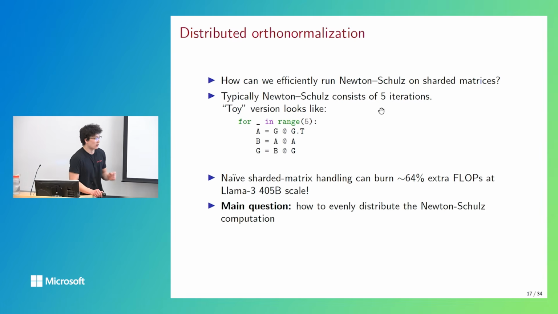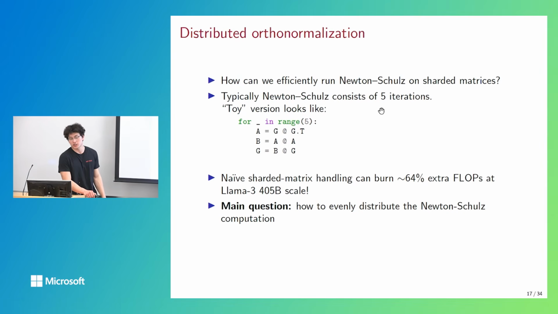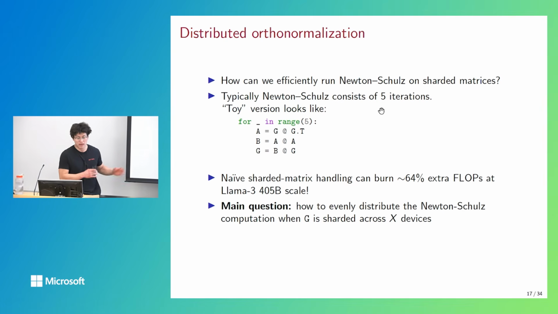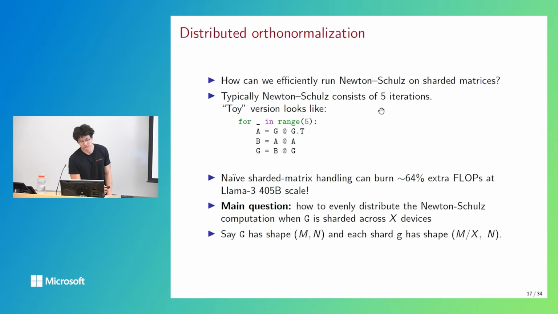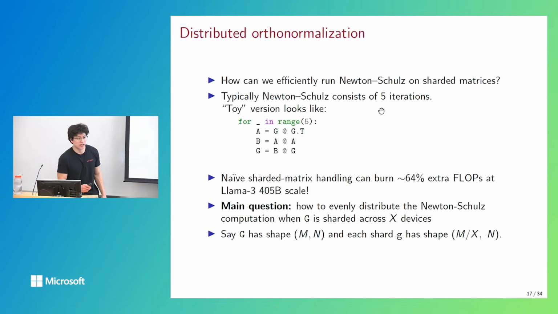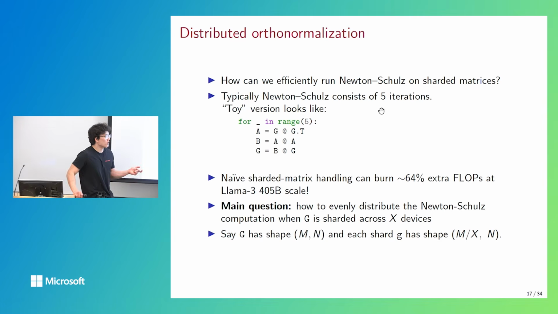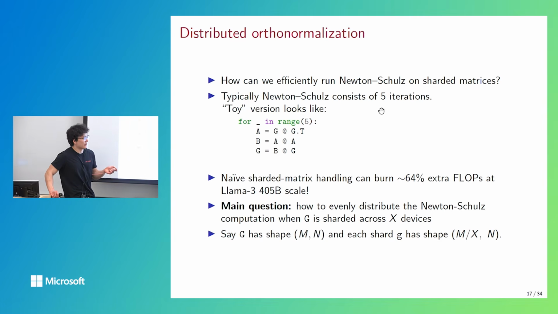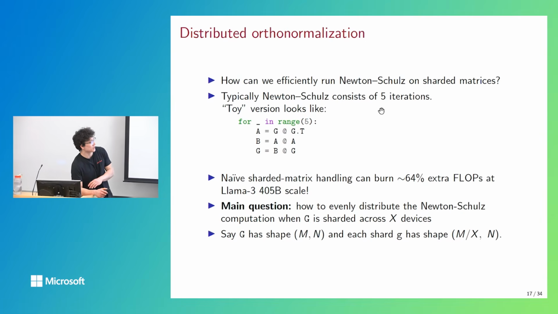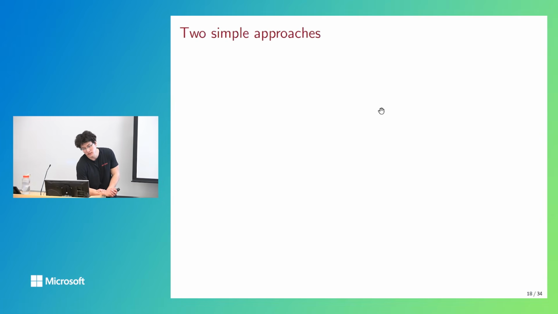The question here, concretely, is how to evenly distribute the Newton-Schulz computation when the gradient matrix is sharded across X devices, say. If the gradient matrix has shape m by n, let's say each shard has shape m divided by x, by n. I'll discuss how to achieve this based on various strategies.